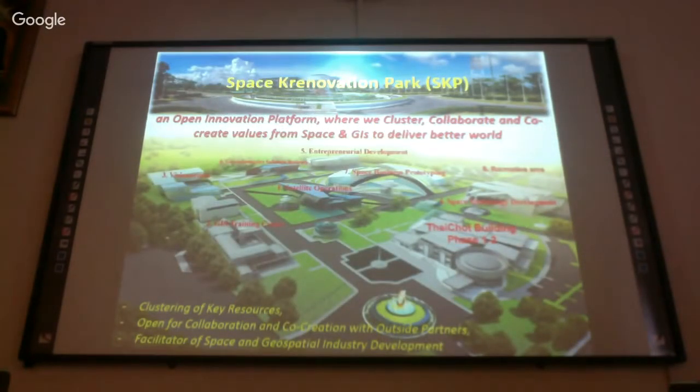We have the Space Innovation Park at Sriracha near Bangkok, including the satellite ground stations and the AIT building, as well as space inspiration for the awareness of students and people who are interested in space.